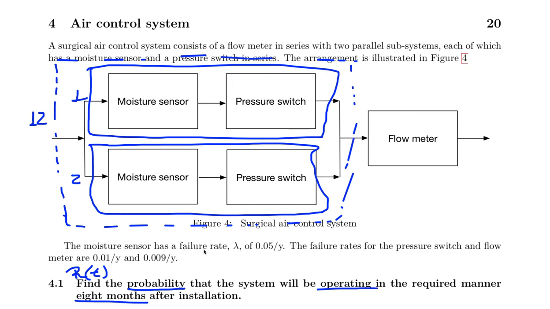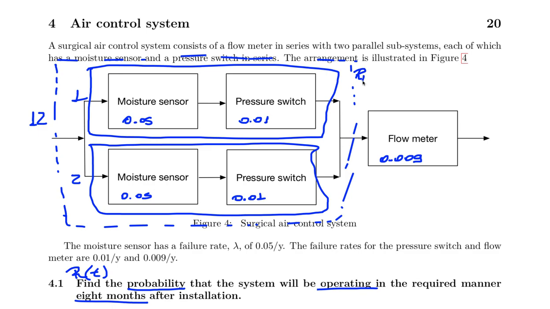So we have the moisture sensor failure rate 0.05, same here. The pressure switch is 0.01, 0.01, and here as well. The flow meter is 0.009. So first thing that I have to solve is the reliability over the period of 8 months, at the 8th month of the moisture sensor and pressure switch on the subsystem 1.